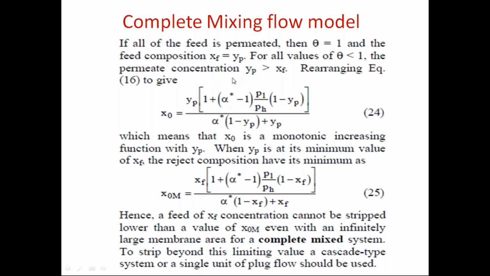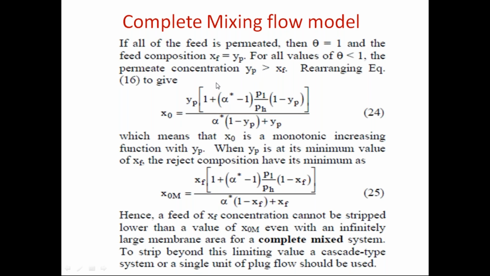The YP is more, then this will be more. So what is the minimum possible YP? Minimum possible YP is XF, because if all the feed is permeating through the membrane and gets as a product, then your XF is equal to YP. Otherwise YP is greater than XF, because YP will have more concentration than your reject or your feed, and this is the minimum possible.